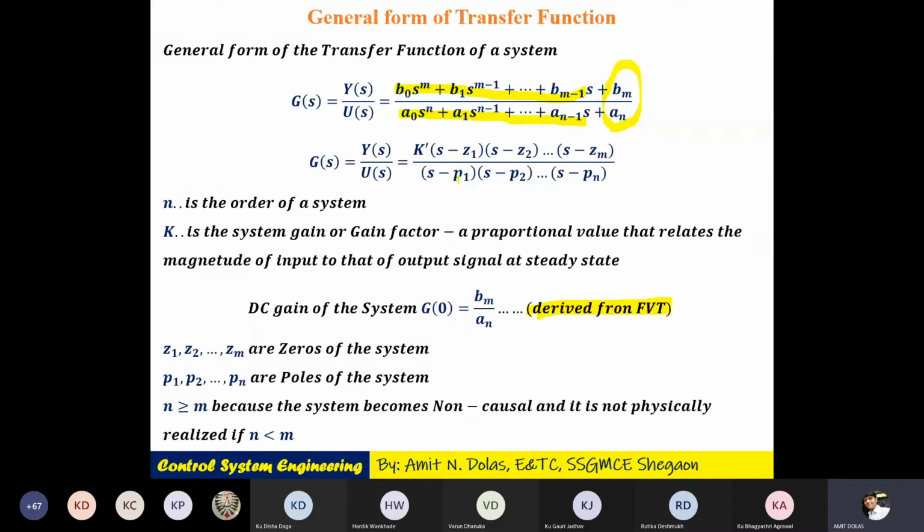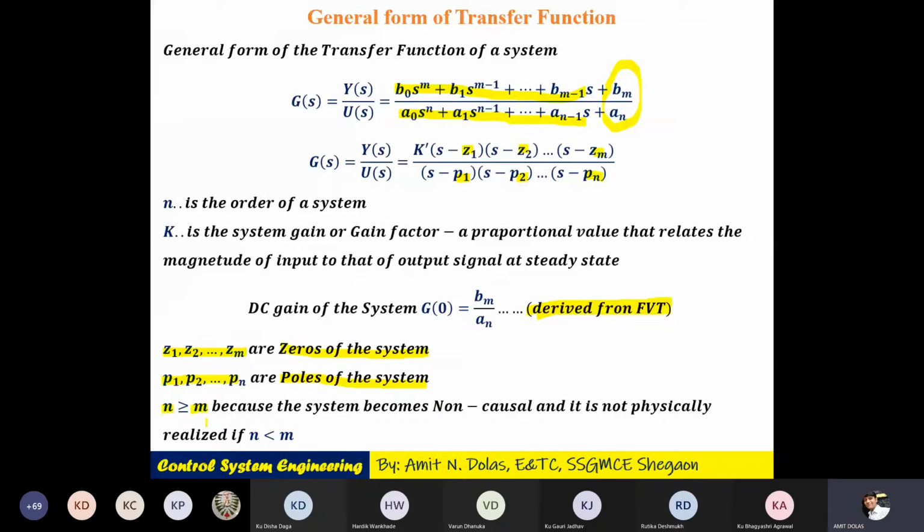In the numerator you can see Z1, Z2, Z3, Z4 and so on. So Z1, Z2, Zm are the zeros of the system. We'll see why it is called zero. Then in the denominator, P1, P2, Pn are the poles of the system, where the condition is n should be greater than or equal to m.